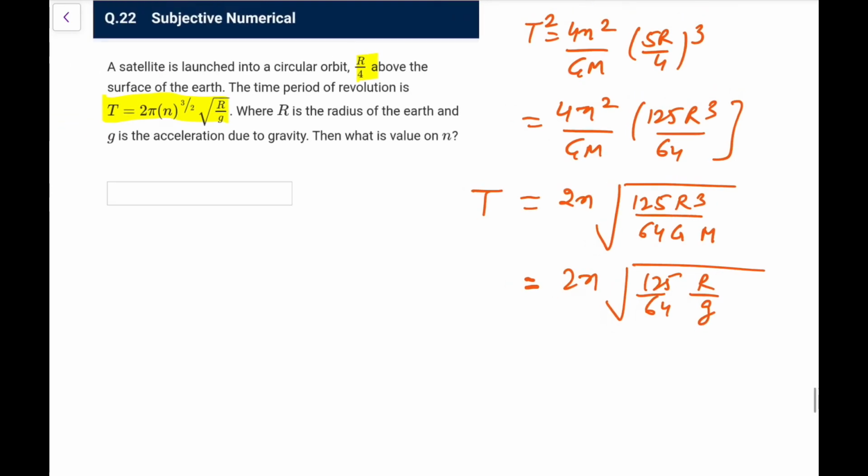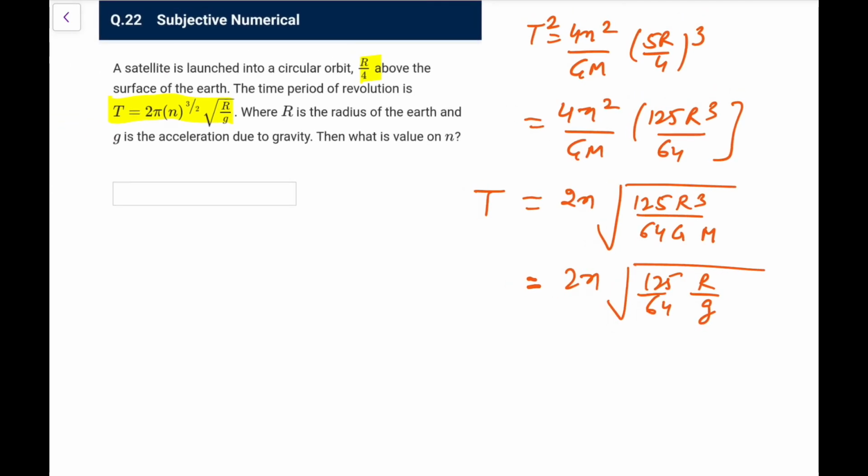And 125 by 64, I can directly make it out, that would be equal to 5 cube upon 4 cube, so that would be 2 pi, 5 upon 4 to the power 3 by 2 into root of r by g. So this value of n, you can directly say is 5 by 4. 5 by 4 is 1.25.